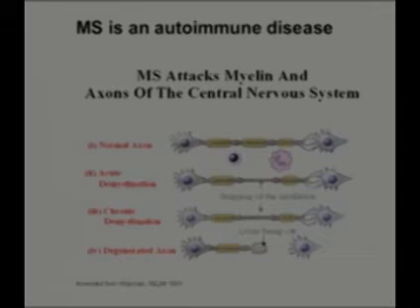So this is supposed to represent a white blood cell. Normally these cells protect us from bacteria, viruses, even tumor cells. That's why we're supposed to have inflammation. But in multiple sclerosis, something goes awry, and the immune system begins attacking our own bodies.